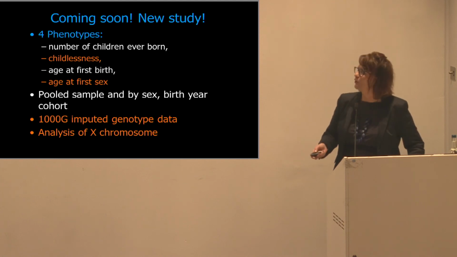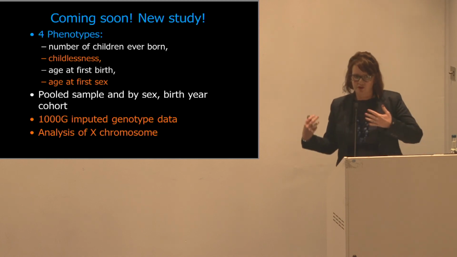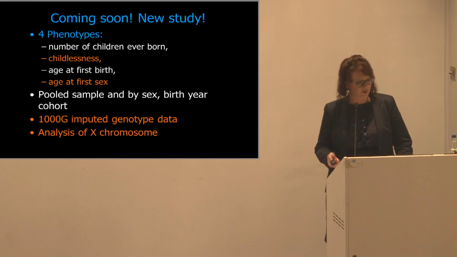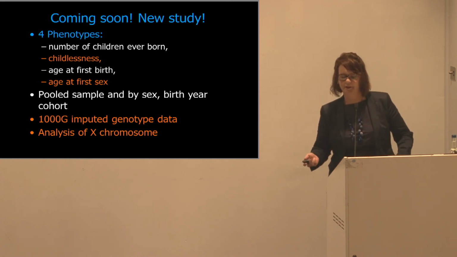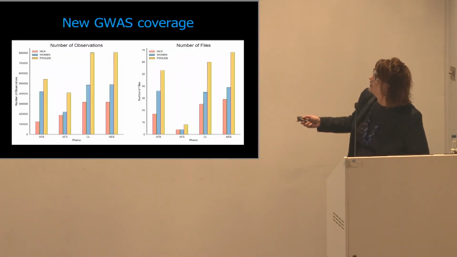And we're now looking at 4 phenotypes. Number of children ever born and age at first birth, but I'll show you in a moment, we're looking at childlessness and age at first sex as well because of the overlaps. We're using different kinds of more densely imputed data, and we're looking at the X chromosome. So our new sample is almost 1 million for childlessness and number of children ever born.